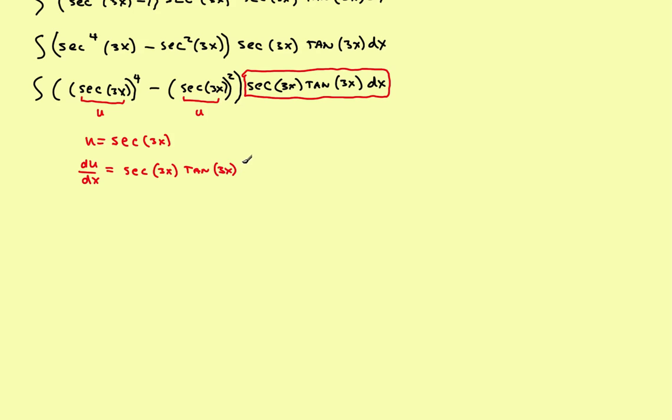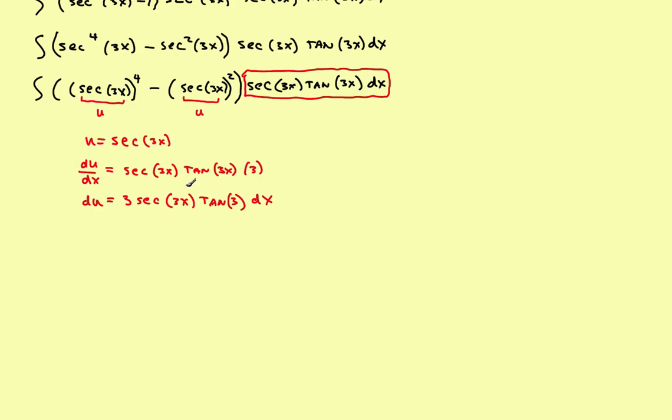It's something more than just a simple x. So you have to take the derivative of the inner part, which gives you 3. Now let's rewrite that. So we'll have the differential of u. Let's take this 3 and move it over here to the front. So 3 times the secant of 3x times the tangent of 3x, and then you've got the dx right here.